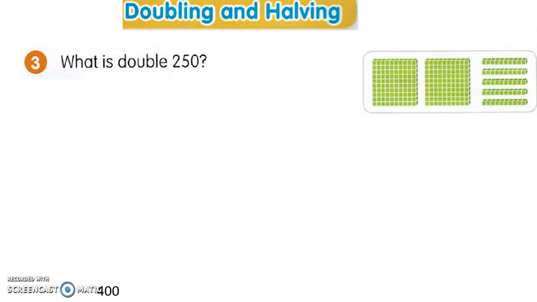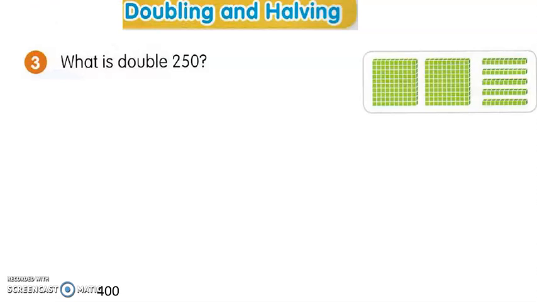Let's move on to another question. What is the double of 250? Actually, this represents the number 250. We have here 100 squares, here 100 squares, here we have 50 squares. So this is 250.